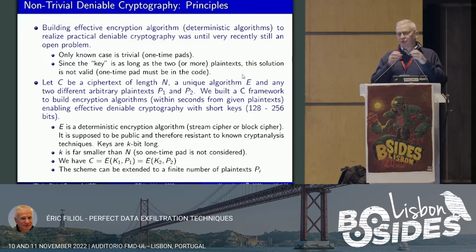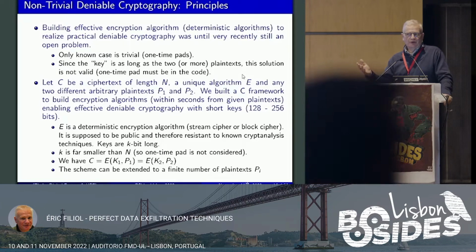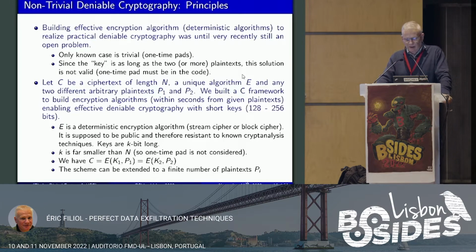In fact, it consists of taking two random sequences and adding them to the text, and you have two random sequences, each producing a different plaintext from the same ciphertext. But of course, if you have a very long ciphertext, it's not practical because you first have to embed the random sequence in the malware code. So the key will be leaked and compromised during the reverse engineering step, and it is not practical.